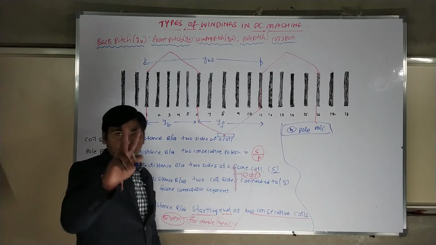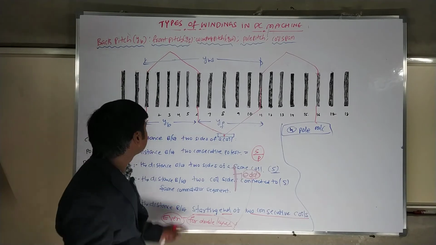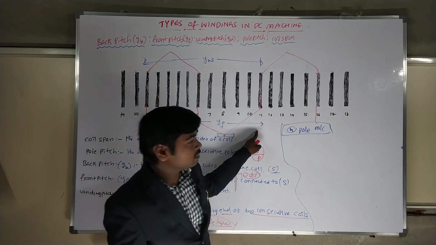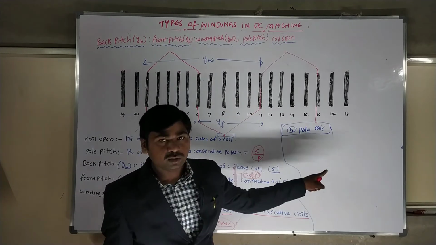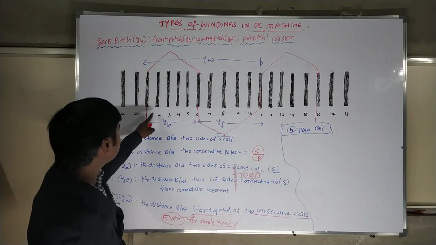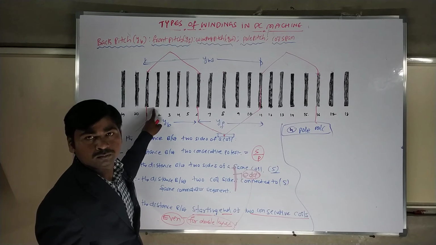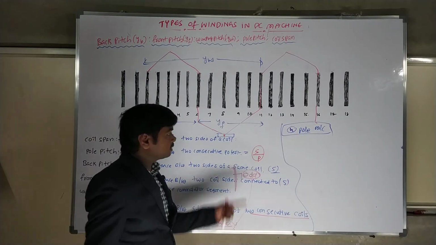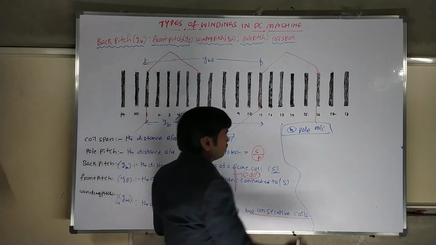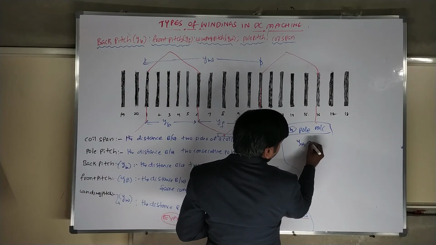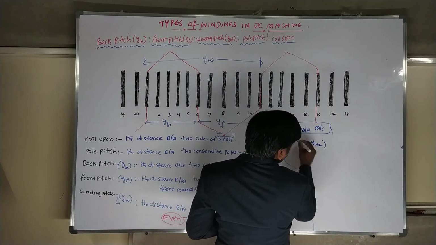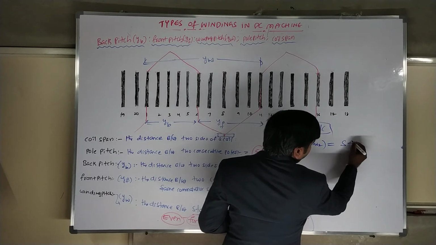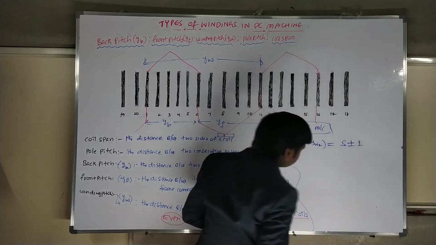For a 4-pole machine, you get 2 winding pitches. From here to here, one winding pitch takes place. After ending, you bring one more conductor and connect over here, and again one more winding pitch comes. So there are 2 winding pitches for a 4-pole machine, and winding pitch 1 plus winding pitch 2 gives the resultant answer, slots plus or minus 1.